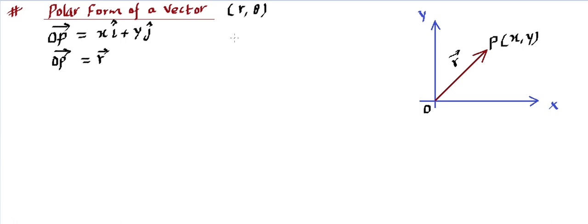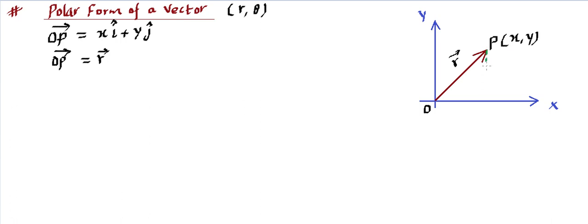So now we want to write this vector, OP vector, in different terms like R and theta. So we need to know what R is indicating, what theta is indicating. And R theta are known as polar coordinates, hence this is known as the polar form. Now what this indicates, let me illustrate by joining this point P with the x-axis.